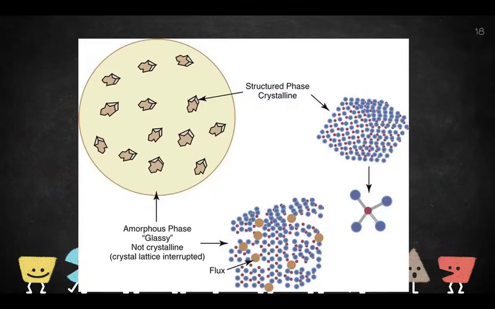This is how the structure looks under a microscope. There is the glassy amorphous phase, which is the general phase, in which the crystalline phases are dispersed.